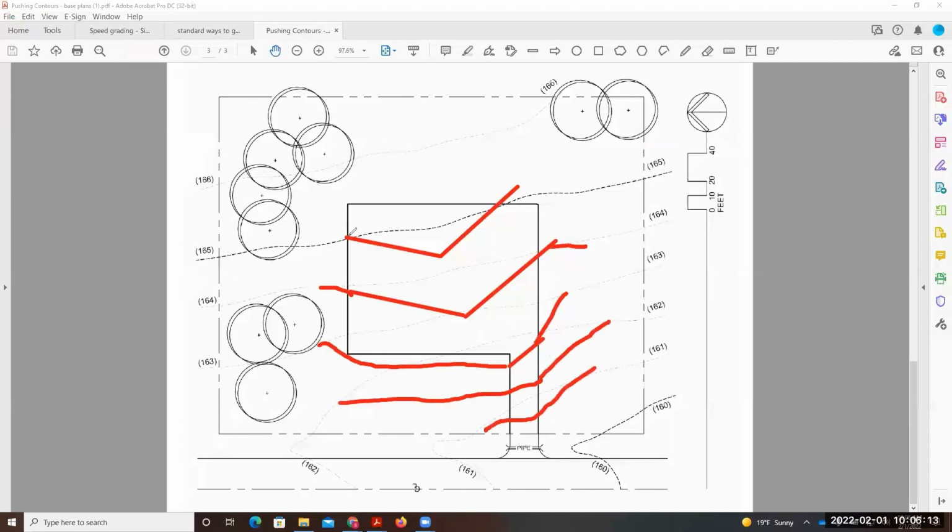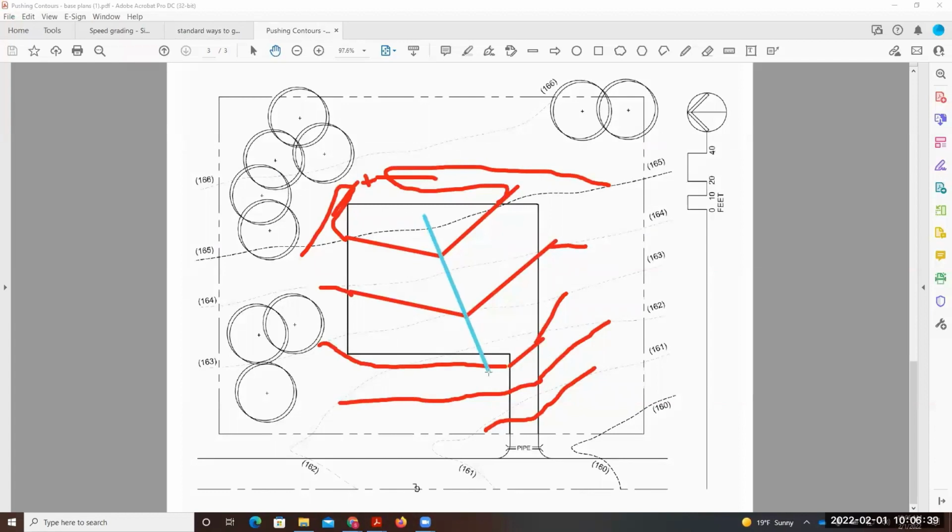Now, you notice I left this one at the top, and I left it because we might need a swale in there with a high point to get water off to the sides. So the fact that we have a V going across this is perfectly fine.